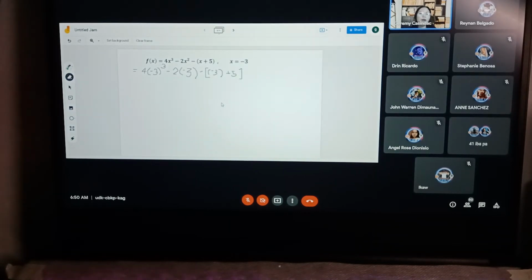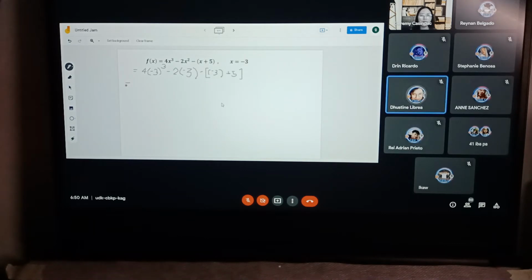So, let's go back now dito sa example number 1 natin. Okay, so ano unahin natin between these three groups? We have 4 times negative 3 raised to 3 minus 2 times negative 3 minus quantity negative 3 plus 5. Which among these three?